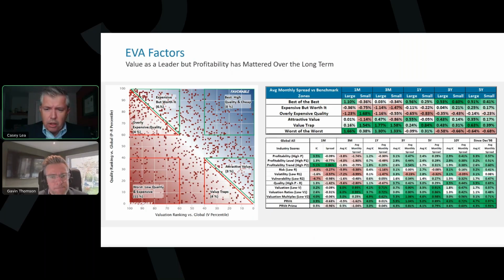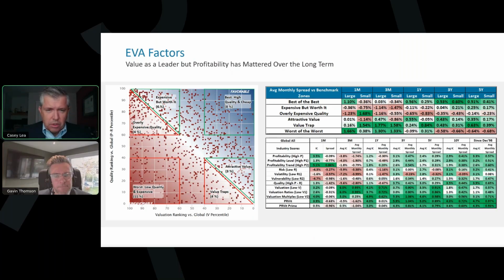On the lower right, we have all of the factors that go into our zones and all the factors that go into our Prove It score. As I mentioned, profitability and risk lead to our quality score. So here our quality score has been negative as investors have added to risk.